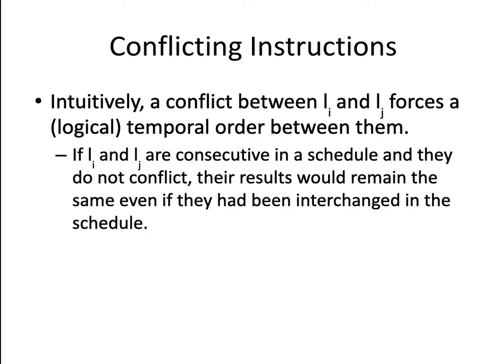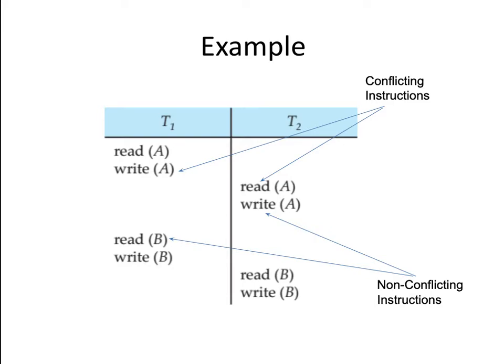Whatever is going to affect your database state is the write operation. So when a write operation happens in a transaction, there is a chance of change in the state of the database, and that will affect the consistency of the database state. That is why we need to study which instructions could in future deteriorate the consistency of the database, and that's why we are majorly focusing on conflicting instructions.